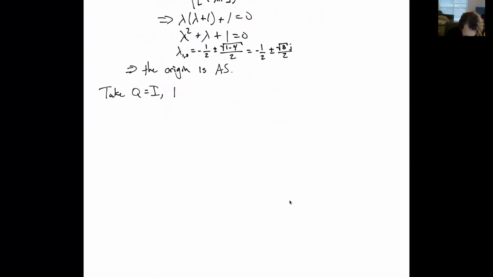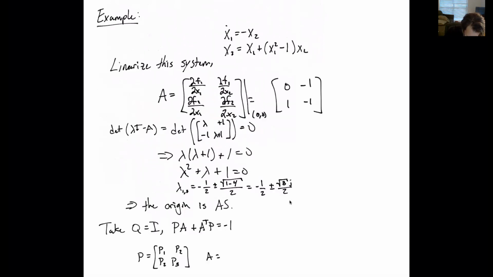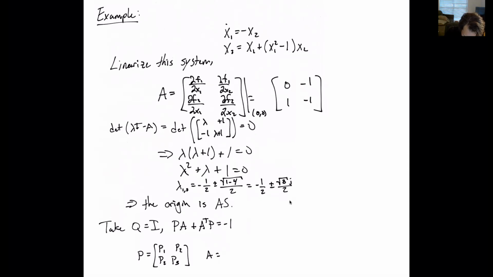Okay, and then let's find P. All right, so now let P be equal to P1, P2, P2, and P3. Okay, and then we have A as above. A is equal to 0, -1, 1, and -1.